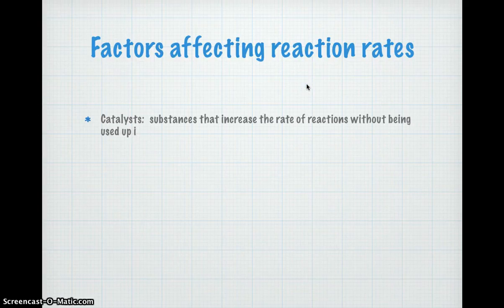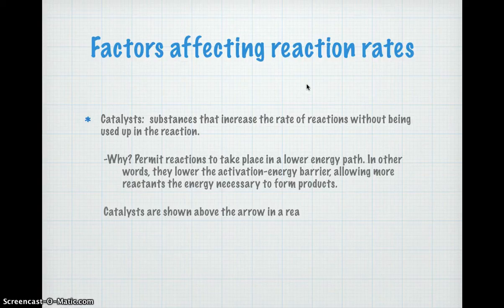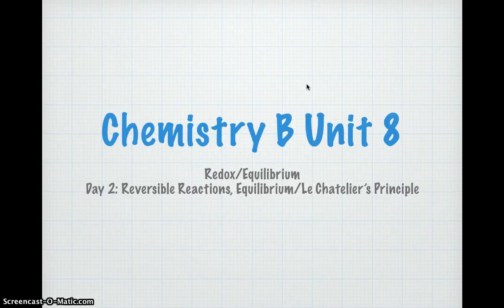Another factor that affects reaction rate is catalysts. Catalysts are substances that increase the rate of reaction without being used up in the reaction. Why is this? It permits reactions to take place in a lower energy path. In other words, they will lower the activation energy barrier.